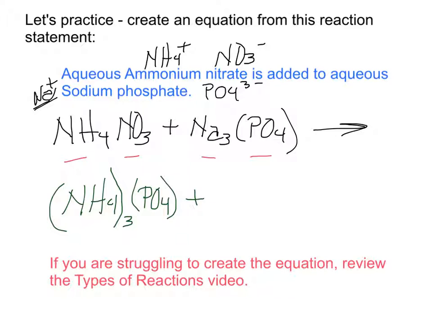And then my sodium is going to be attached to my nitrate. And they're a +1 and a -1, so I don't need anything extra there. So I've got ammonium nitrate plus sodium phosphate is going to create ammonium phosphate plus sodium nitrate.